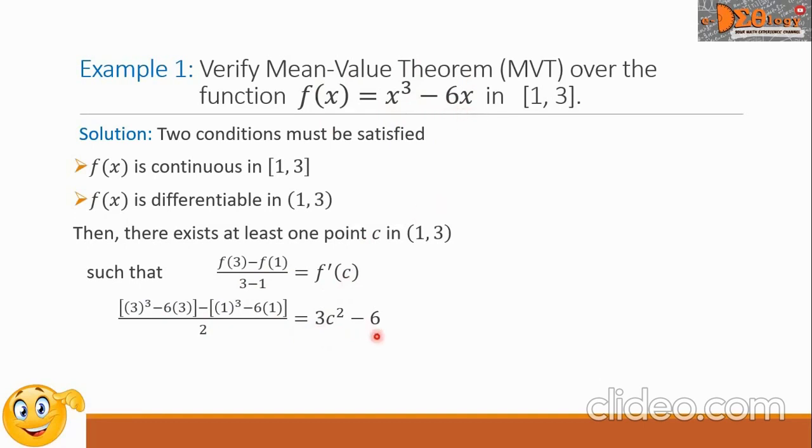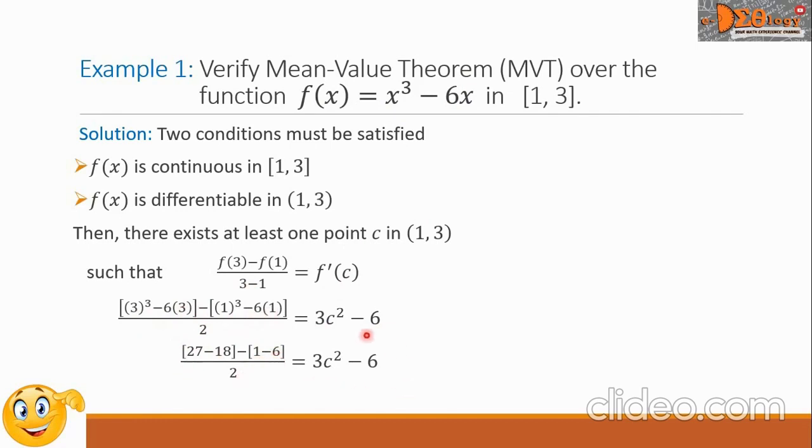So we copy the 6 here. Simplifying further, our numerator becomes the 3 cubed is 27 minus 6 times 3 is 18 minus 1 cubed is 1 minus 6 times 1 is 6 all over 2.